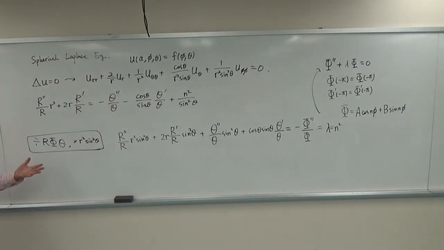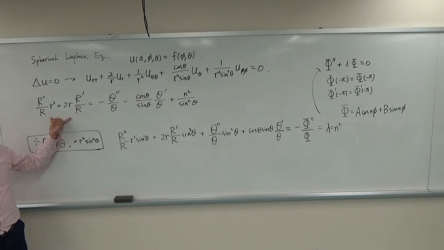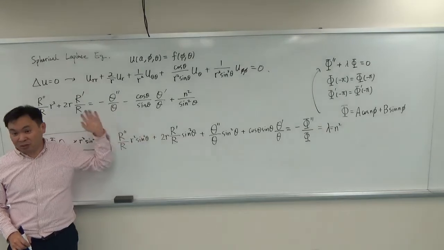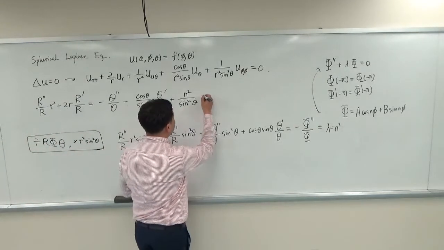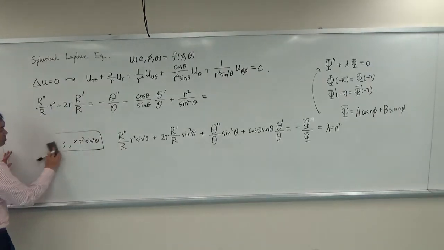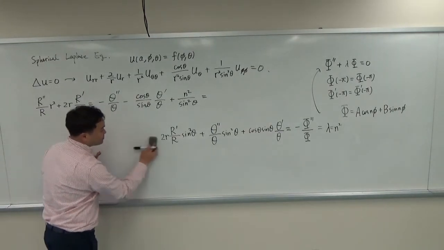Okay, and again we apply the separation of variables. Left side only depends on r, the right side only depends on theta, therefore they must equal a constant. We set it equal to a constant. And now here's another fine point.